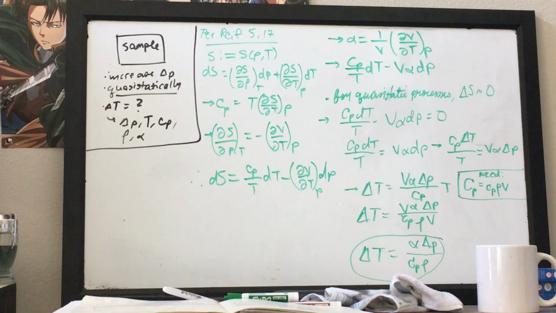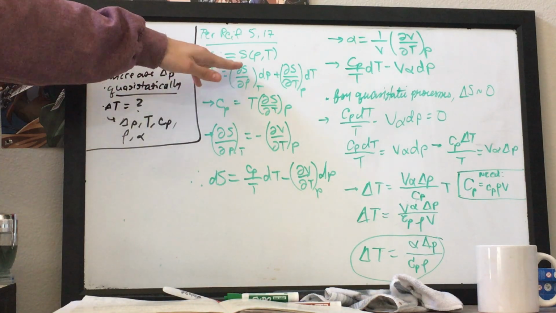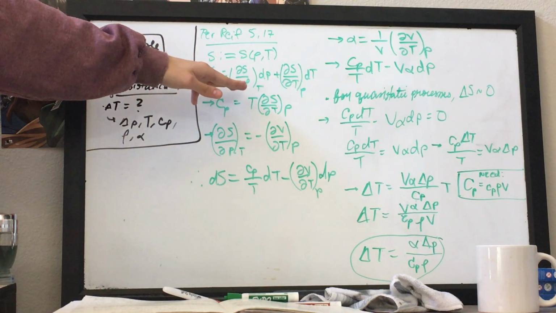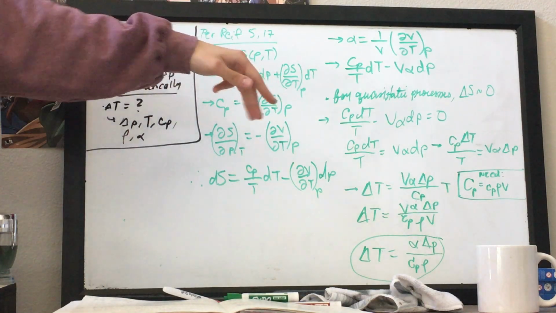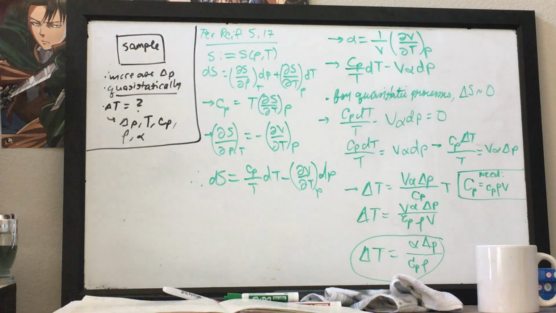When we allow it to be a function like this, we can use the definition of the differential of entropy dS, and write out our changes of entropy with respect to pressure and with respect to temperature as well. We can do this for any other variable. You can do energy and volume, temperature, volume, doesn't matter. You can use entropy for this kind of setup, or something like Helmholtz free energy, or Gibbs even, except you do need to use the variables pertinent to those instead of entropy in general, right?